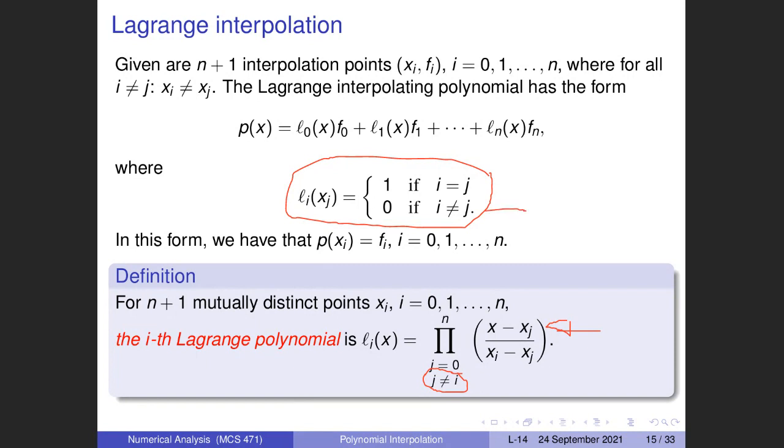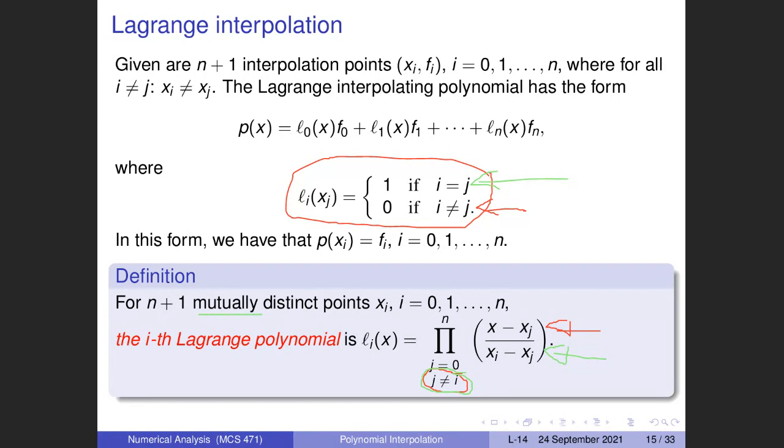That satisfies this condition here. The other condition, that you have a 1, is satisfied by the denominator. We divide by all the differences of the ith interpolation point with all the other interpolation points, again skipping the ith one, and we know that all the data points are mutually distinct. That's again an important condition for it to hold.